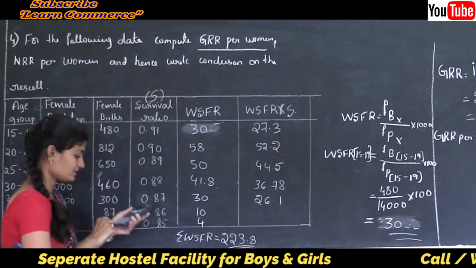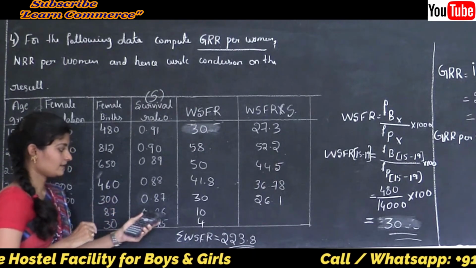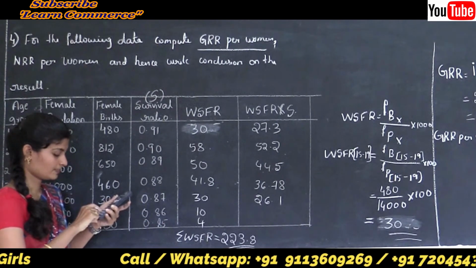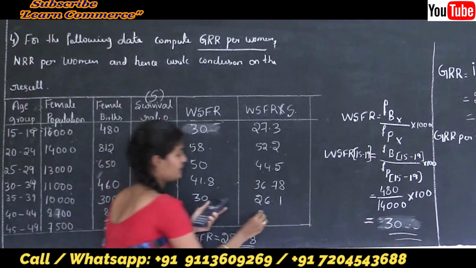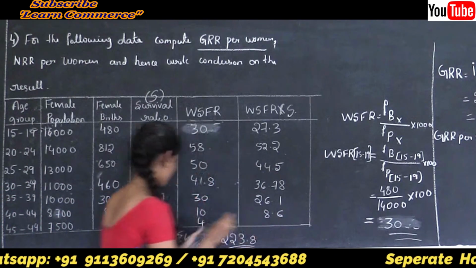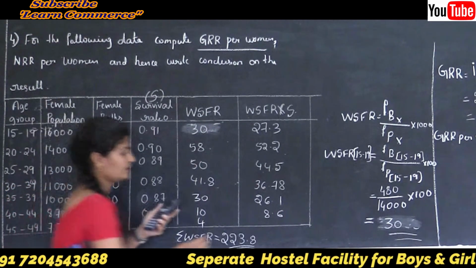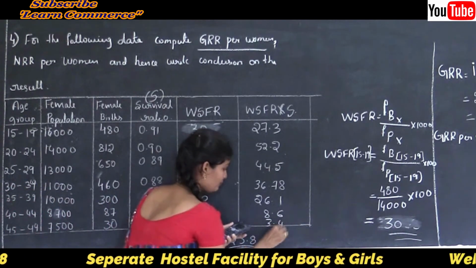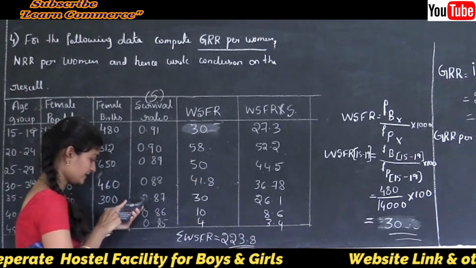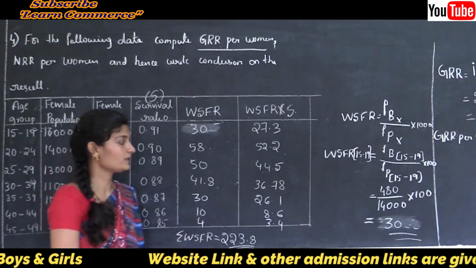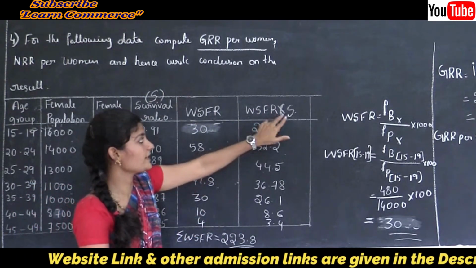Next value 0.86 into 10, that is 8.6. Next here 0.85 into 4, that is 3.4. Here we got the values of WSFR into S.